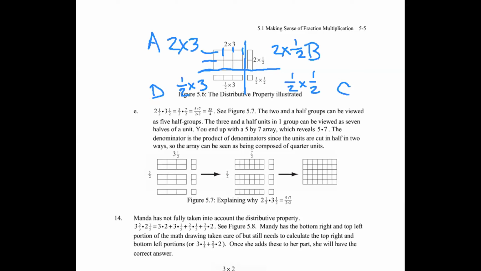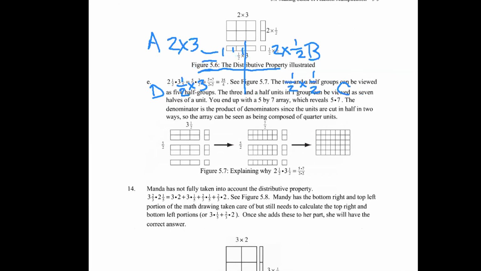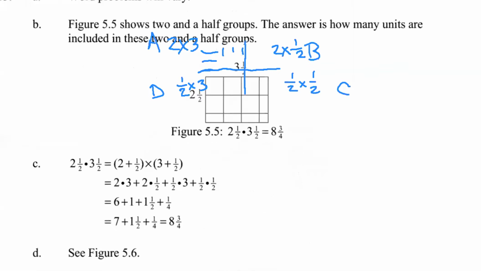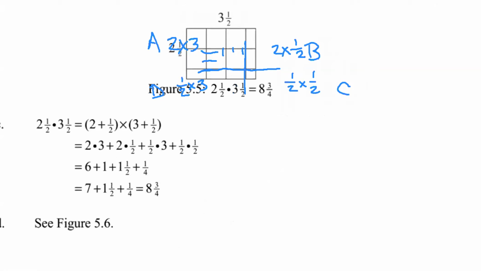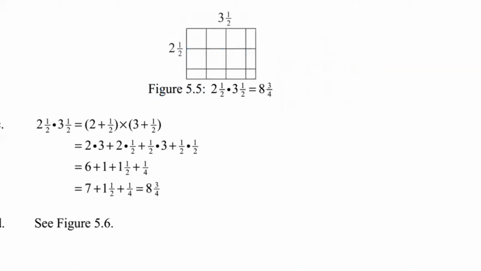So if we go back a page and look at 2 times 3, you can see here that from our drawing where we cut this, we have a 2 times 3 quadrant, which is right here in our distributive property for part C.